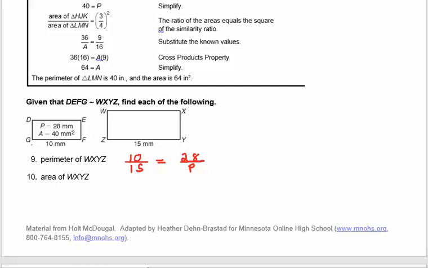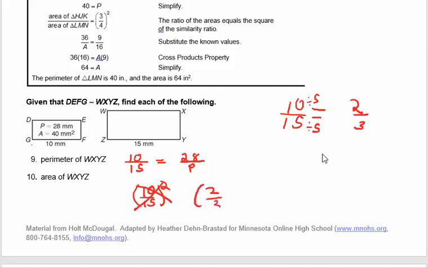But for area, you have to take the similarity ratio and square it. Now these are big numbers. Let's simplify our similarity ratio before we do this. 10 over 15 simplifies. We can divide each of these by 5. 10 divided by 5 is 2. 15 divided by 5 is 3. We can square that to get a much easier to work with number.